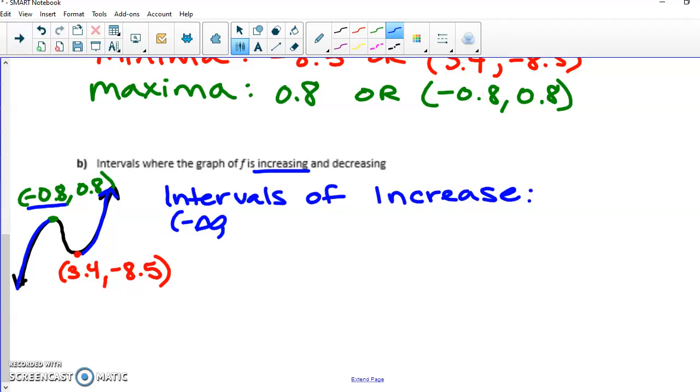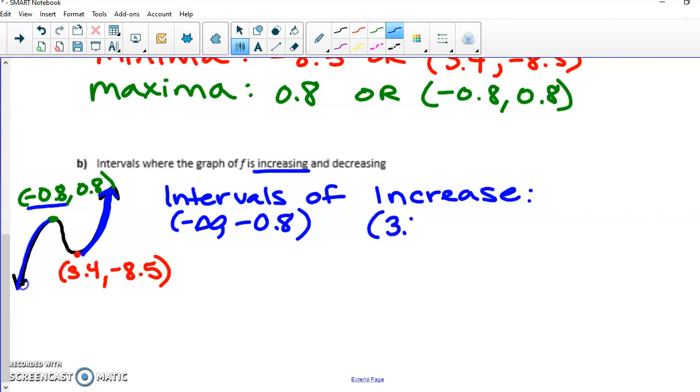When our x's are greater than that negative 0.8 approximately, our y values start decreasing. So that will be our decreasing values. And here we've got another increase on that part to the right of our minima. And so we are going to bring those two intervals together.